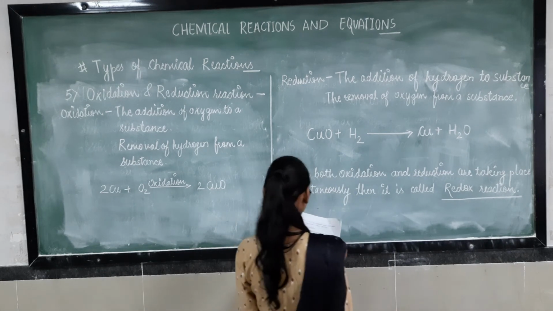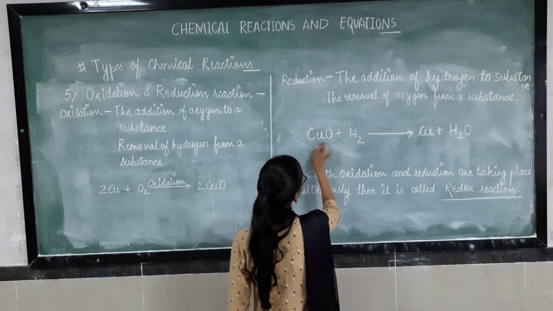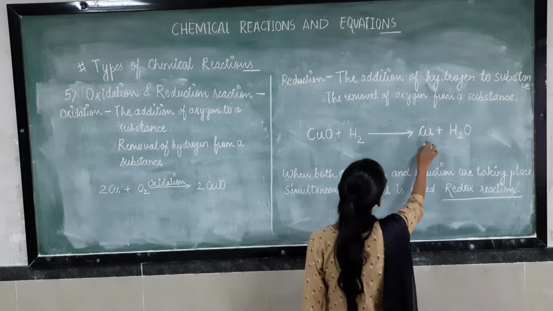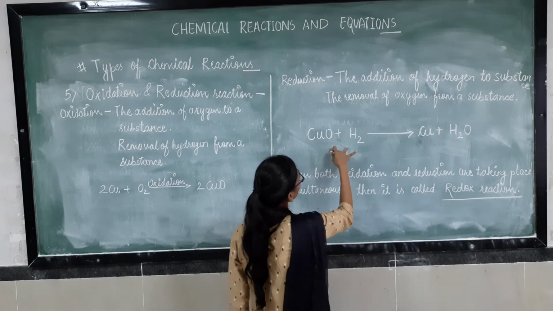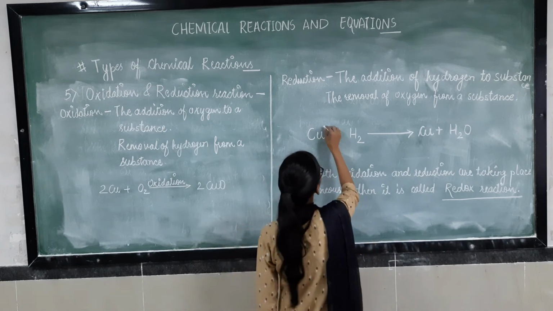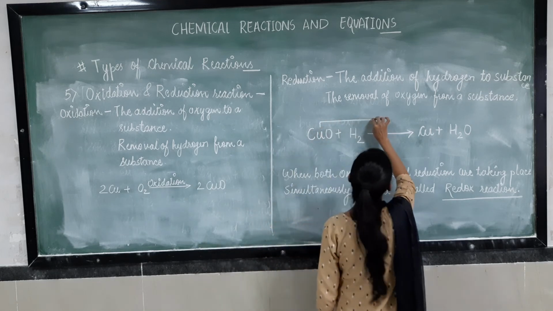Here one more thing we will see: removal of oxygen is taking place and addition of hydrogen is also taking place, both conditions we see here. So in this reaction, the reduction of copper is taking place here.